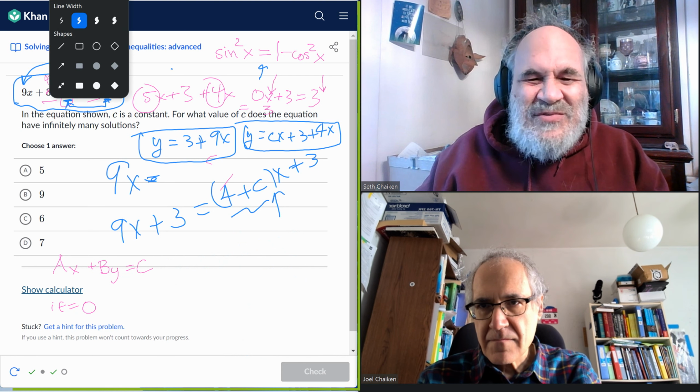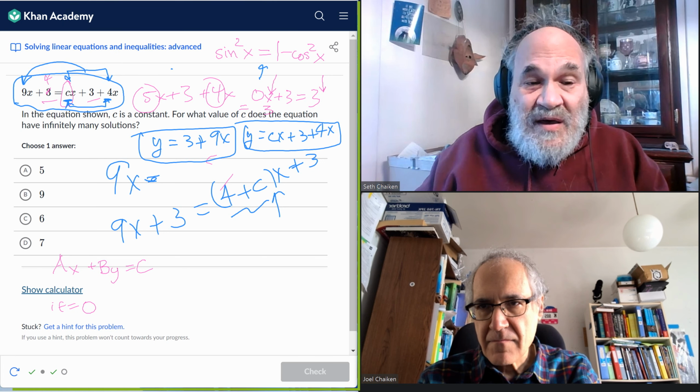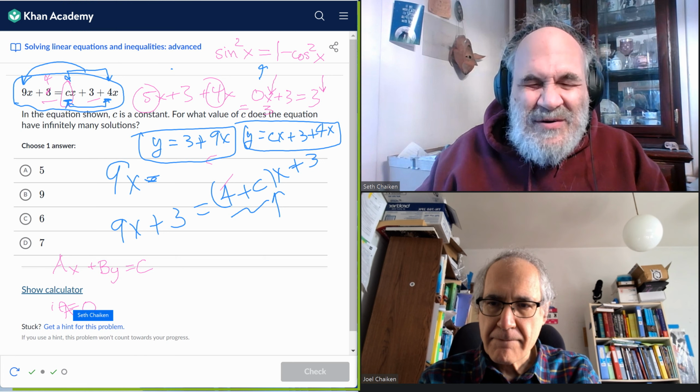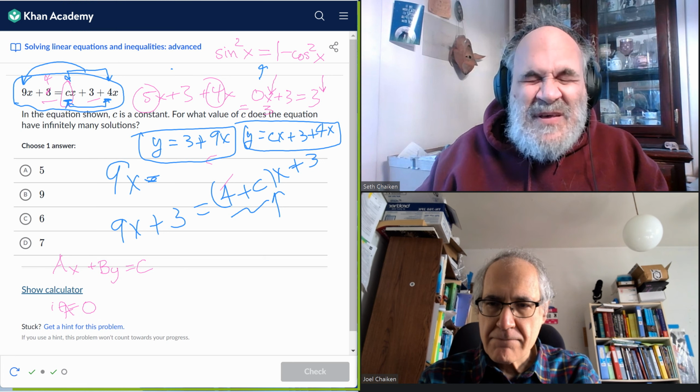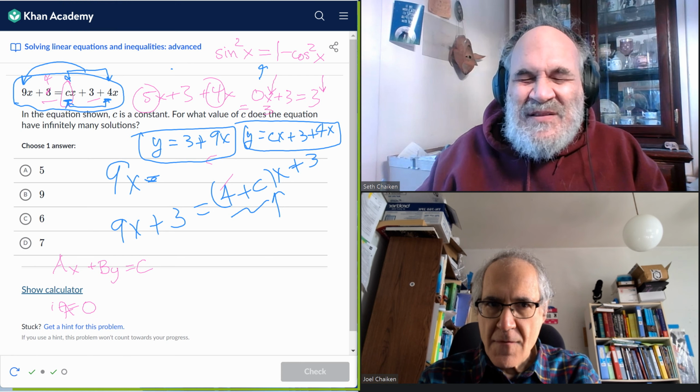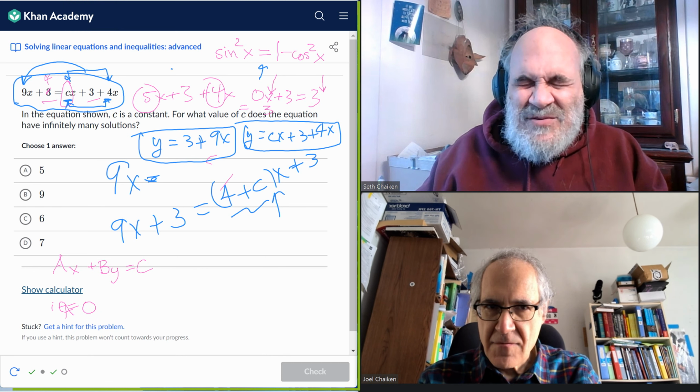If a equals 0, then if there's a solution for y, then there are infinitely many solutions, including that solution for y and any values of x.